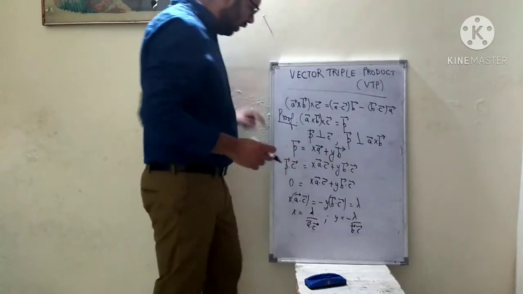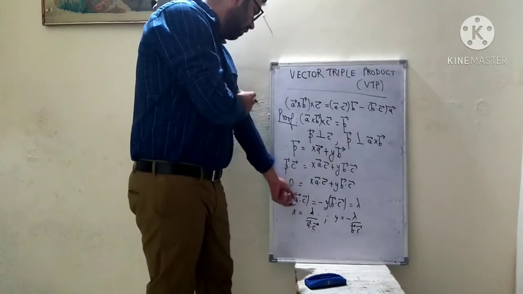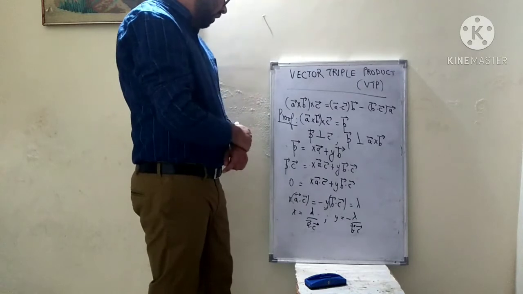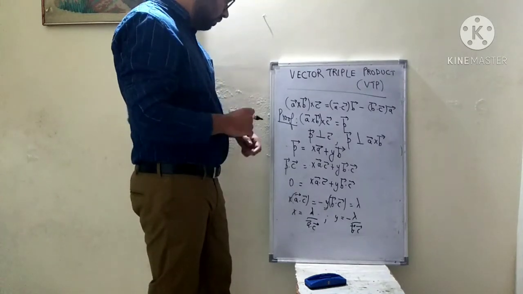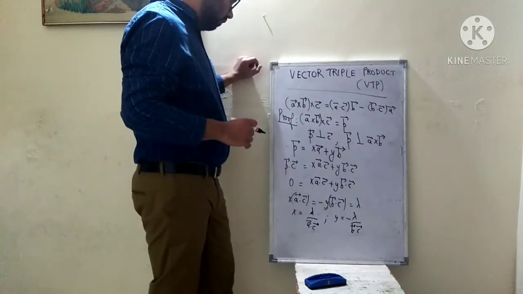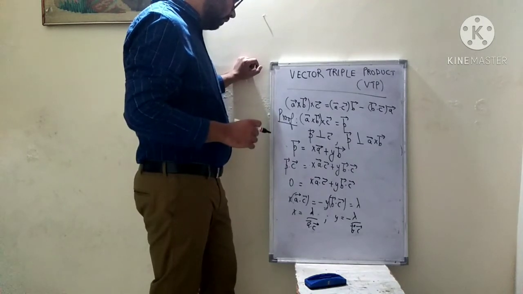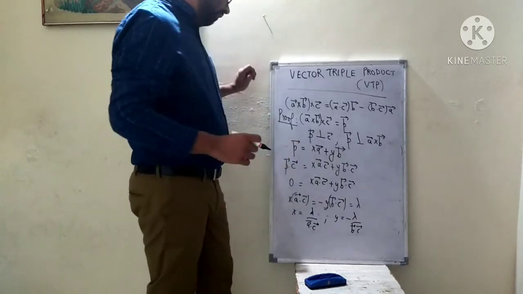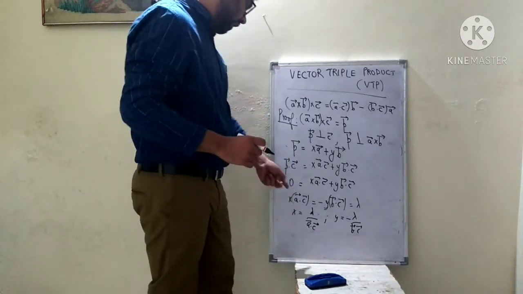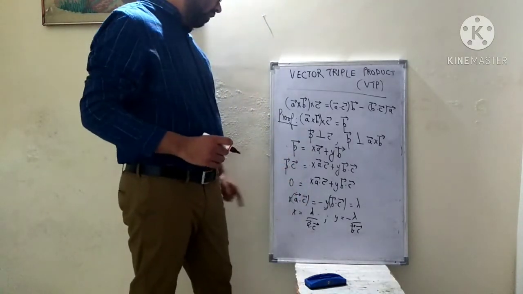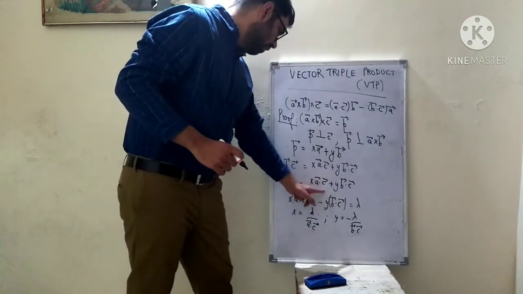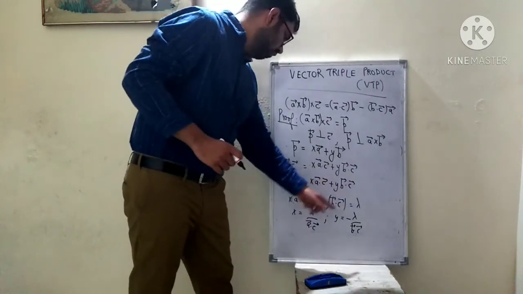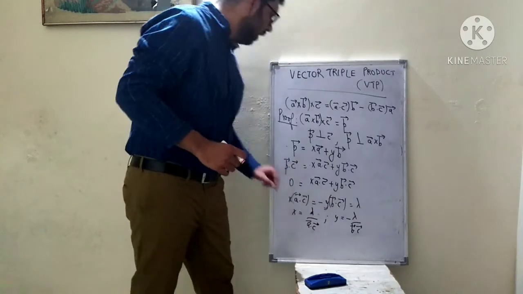So now we got this expression: x into A dot C minus y into B dot C is equal to lambda. Now I got x and y in terms of lambda.